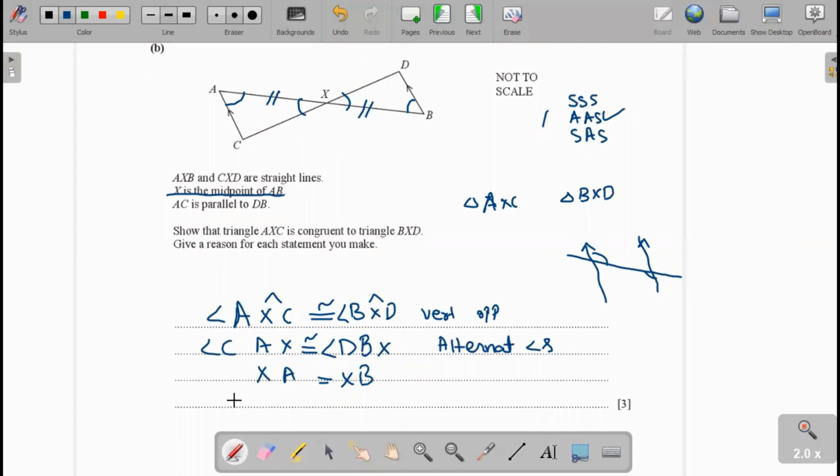Now we write triangle AXC congruent to triangle BXD. Now the property we use here is the angle-side-angle, ASA, property.